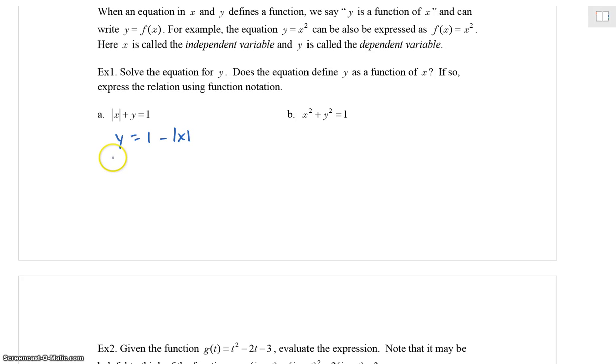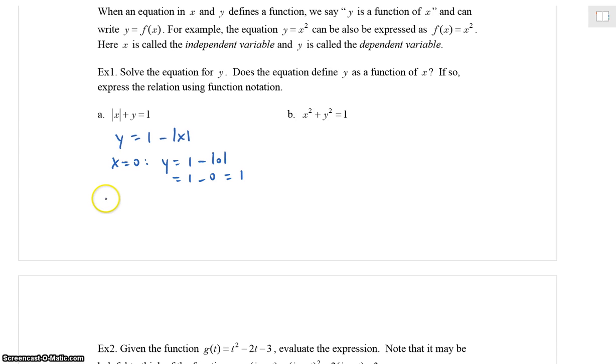For example, if x is equal to 0, then y is equal to 1 minus the absolute value of 0. The absolute value of 0 is 0, and 1 minus 0 is 1. What this is showing us is that for this specific value of x, there's one and only one y value associated with it, and that satisfies the definition of function.